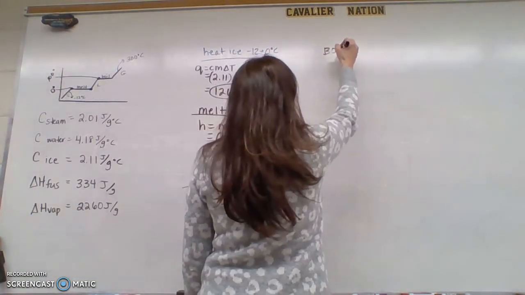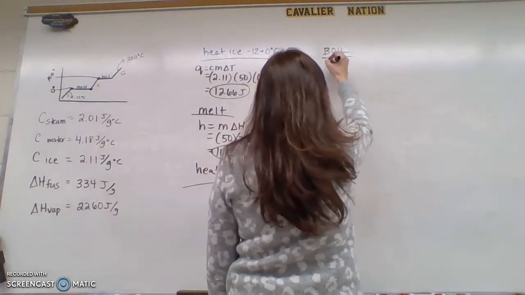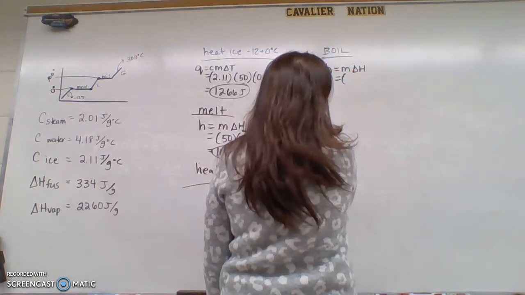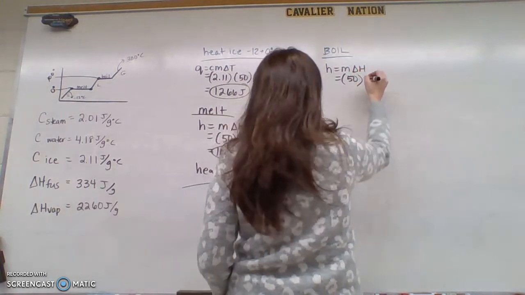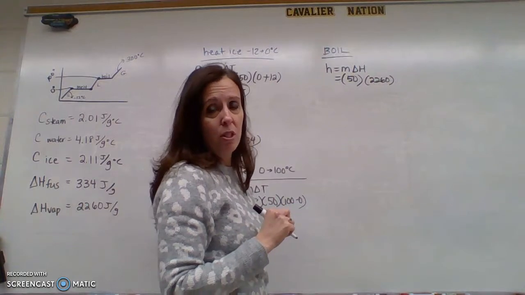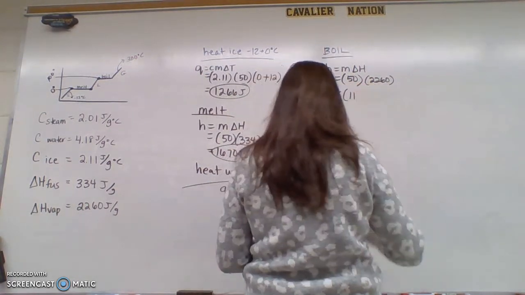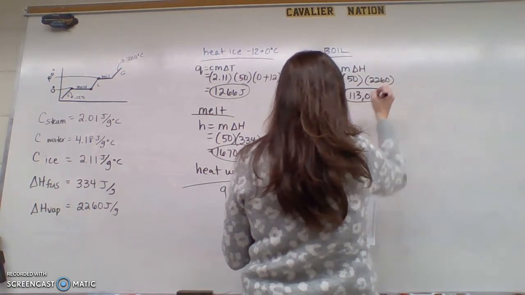So I'm going to boil my water, okay, because I'm boiling it and I'm changing state. Mass equals 50. Boiling is going to be heat of vaporization. So I multiply those together, and the energy I need to boil it, whoopsie daisy, is that.